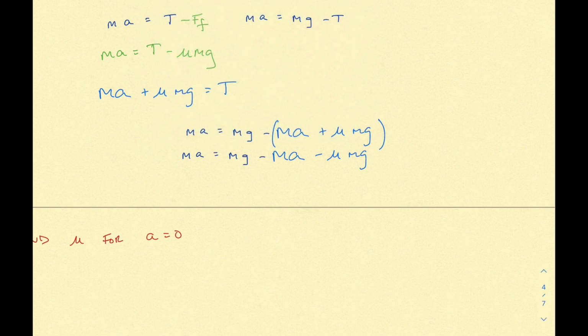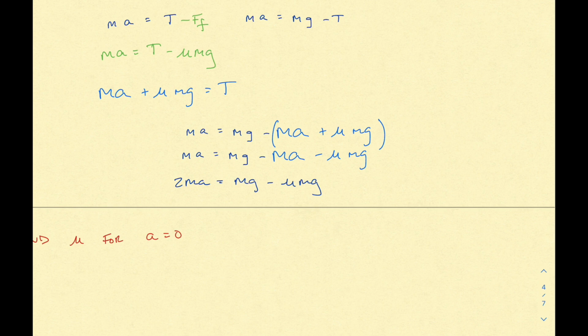Adding that MA over to the other side, we have 2MA is equal to... sorry, I got distracted. No, that's right. Well, no, I'll write it like this: is equal to mg minus mu mg. I'm going to pull out an mg from each one of those sides.